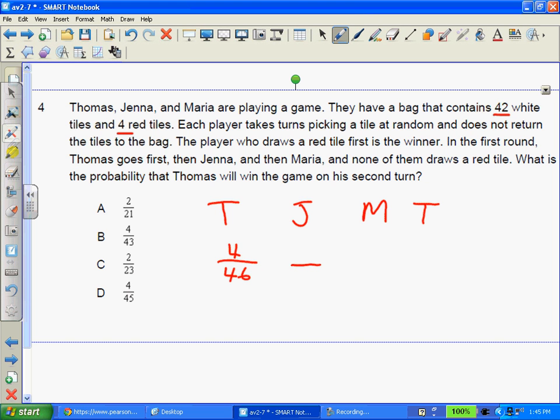So then there are 45 tiles left in total and still 4 red tiles. Again, it doesn't happen. Then we have 4 out of 44 for Maria. Still, a red tile is not picked. So we're left with 4 out of 43. And that's B.